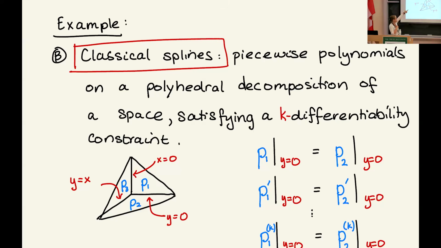And those are the particular lines, x equals 0 or the y-axis, and y equals 0 or the x-axis, and a fragment of the line y equals x. And then I have those three polynomials. I'm giving these K differentiability constraints on one particular pair of polynomials, but I actually want it to exist all around. So restricting to their mutual intersections, the polynomials are the same and the derivatives are the same, and so on up to the k-fold derivative.